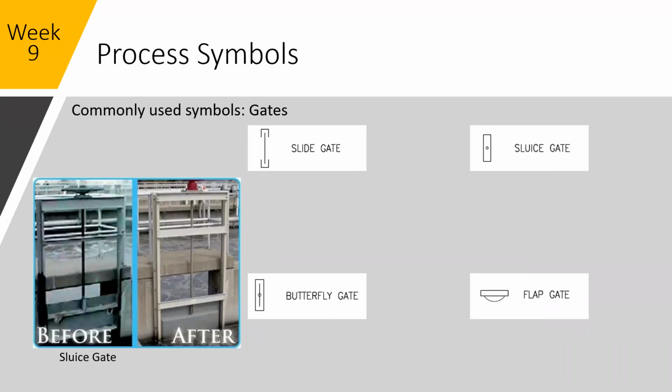Gates. So gates and valves, they do similar things, but they're not exact. They're a little different, because valves are typically mounted on piping, where gates would be mounted on open channels. So here we have an example of a sluice gate to the left, where this one is that gate open and this one's closed.